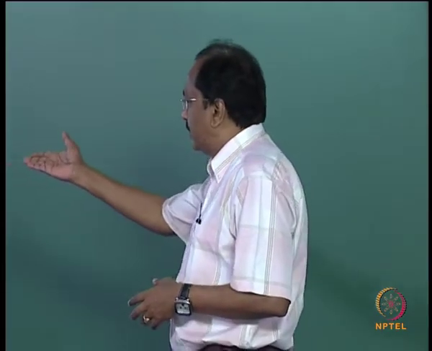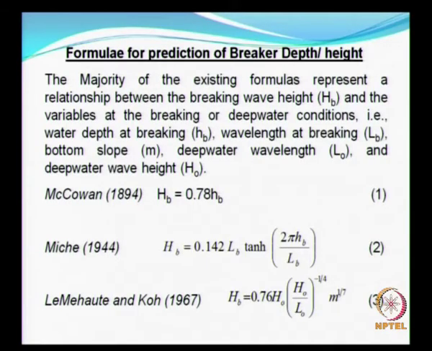But if you want to account for the effect of beach slope, and you have the deep water wave characteristics like deep water wave height, wave steepness and wave period, then probably you can use the third one, because this takes care of the beach slope, that is m raised to 1 by 7.